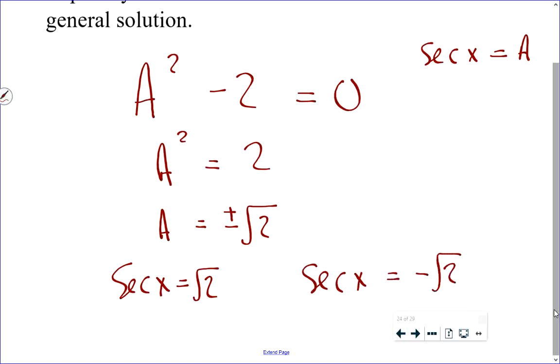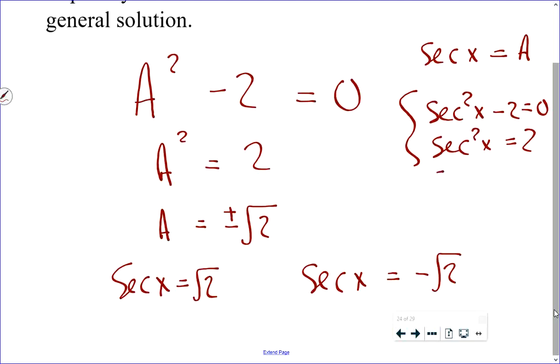How many of you, by the way, could handle just doing this? You don't have to literally on paper change the trigonometric ratio to some other letter. You could do it that way.